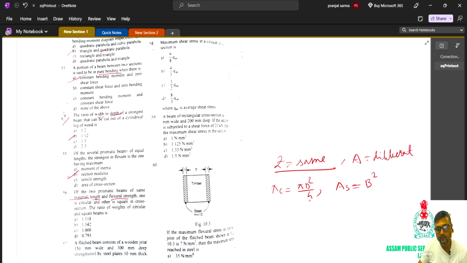Now Z of circle is pi d cube by 32. Now Z of square is b cube by 6. I'm sorry, b cube by 6. So this equals pi d cube by 32.